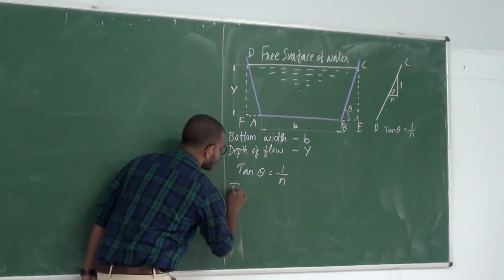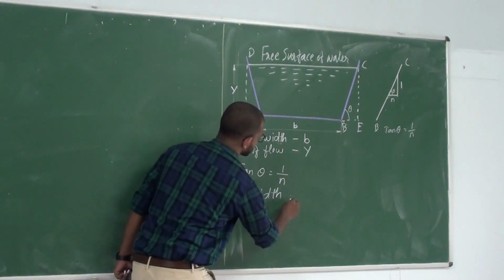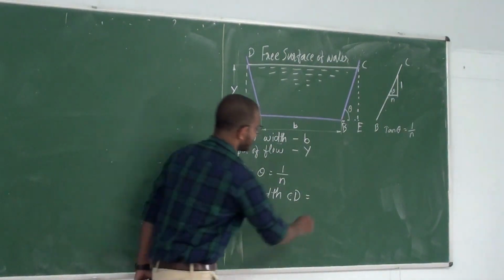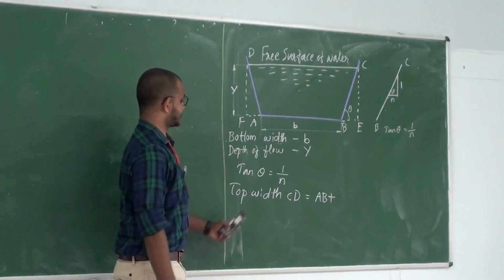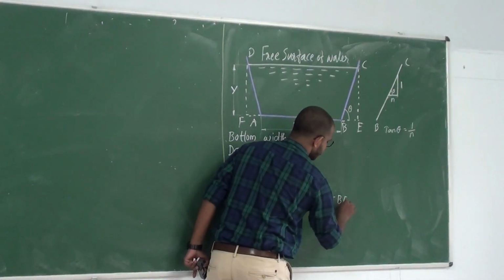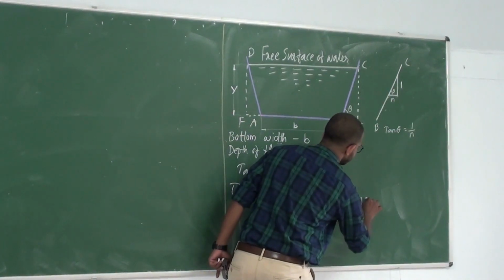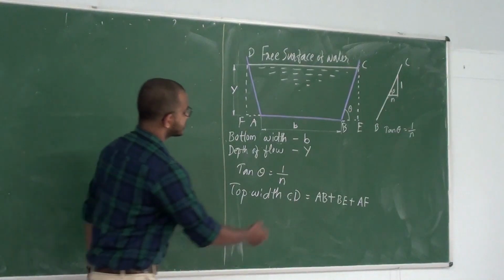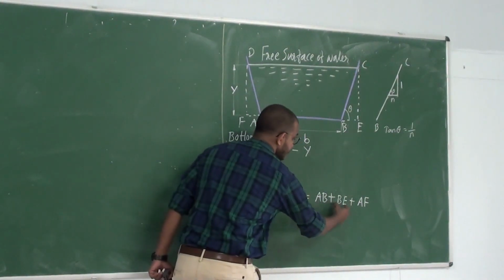So the top width CD is equal to AB plus BE plus AF. The length BE is equal to AF. So we have to find out length BE.